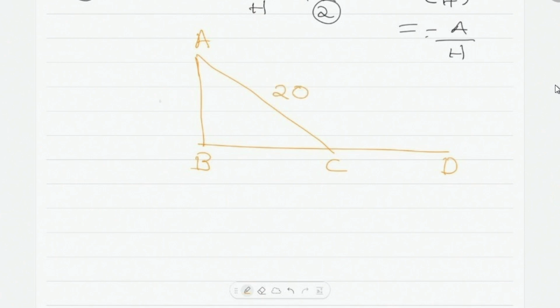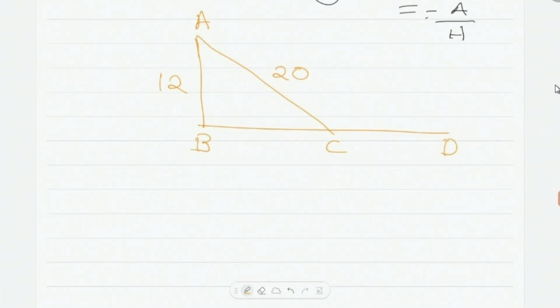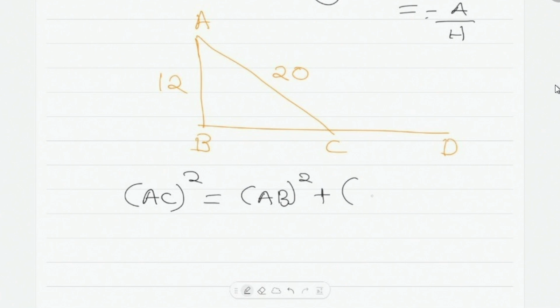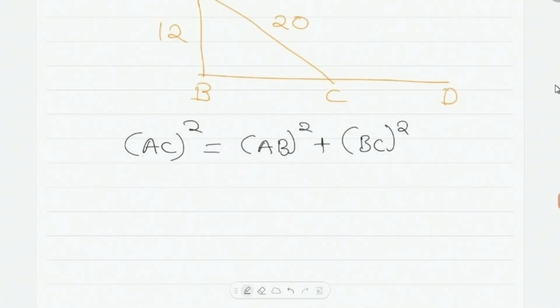So let me change the color to black, which is more visible. So the square of AC is equal to the square of AB plus BC squared. So AC is 20 squared, then AB is 12 squared, then we'll have plus BC squared.